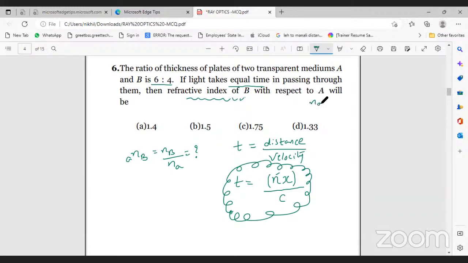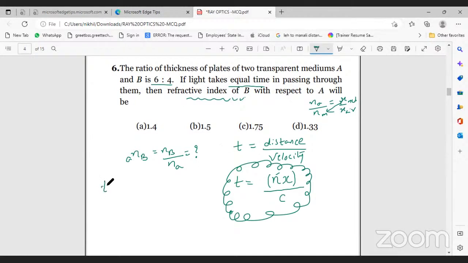Because you know that refractive index and distance are inversely proportional. So refractive index in air divided by the refractive index in the given medium means distance traveled in that medium and the distance traveled in air. This is the relation between the distance and the medium. So you have to do the cross multiplication. So distance traveled is n into x in a given medium. But they are telling that the time intervals are same.